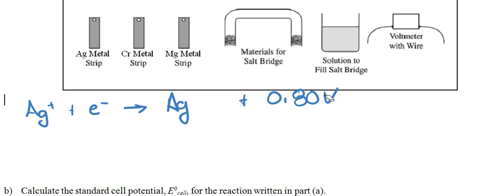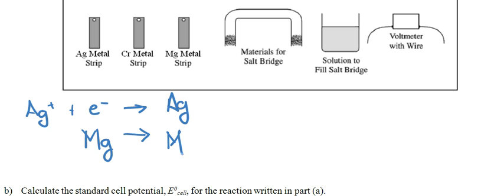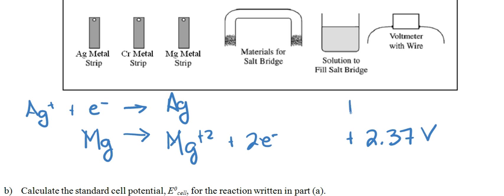Actually, let me scoot that over, because I like keeping my arrows next to each other here. And then we'll have magnesium metal that's oxidized, and that'll form magnesium ions and release 2 electrons. And that had a positive 2.37 voltage, and the silver had a positive 0.80 voltage. And again, those two values came from my standard reduction potential sheet.